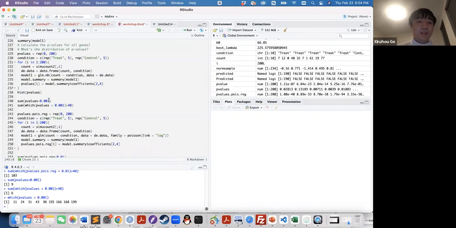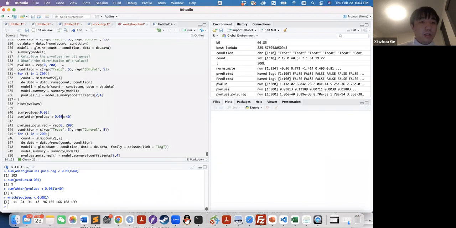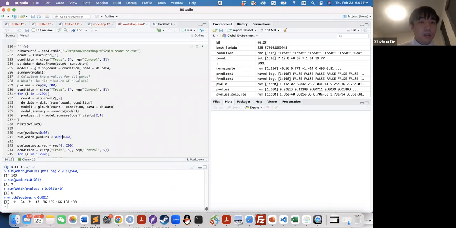Here we still use the 0.05 threshold to make it consistent. And let's see.